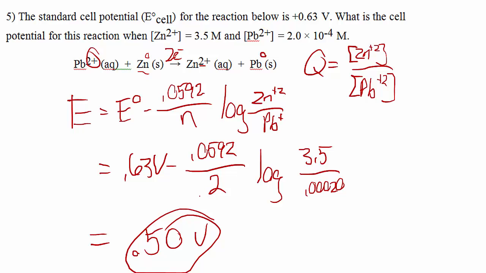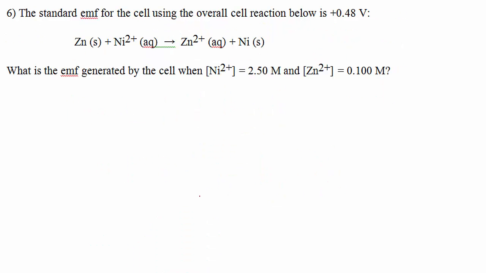All right. And number 6, the last one for the section: the standard EMF for the cell using the overall cell reaction is 0.48 volts. What is the EMF generated by the cell when we're using those concentrations? So E equals the E naught, which is 0.48 volts, minus 0.0592 all over n, which is, let's see, Ni goes from plus 2 to 0.